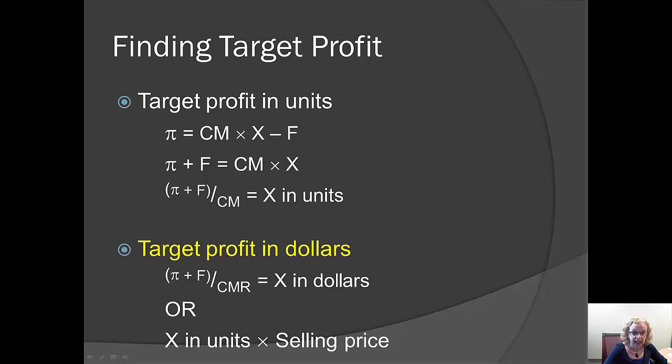Alternatively, we can take the number of units that we already determined and multiply it by the selling price. The way that's most convenient to do this really depends on the way that the data is presented.